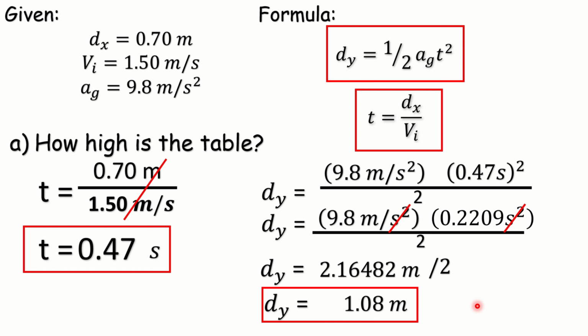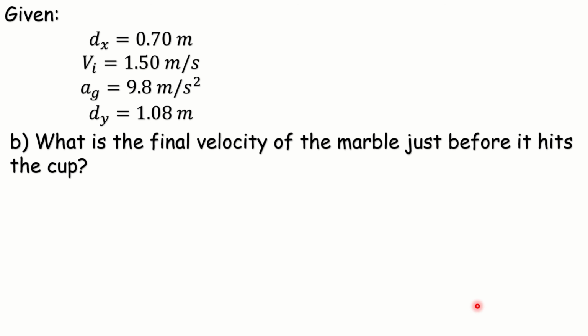Now let's proceed to our next question. What is the final velocity of the marble just before it hits the cup? As you can see, we have an additional given that we got a while ago, which is the height or the vertical distance, 1.08 meters. To determine the final velocity of the marble, we need to get its resultant velocity, or VR.